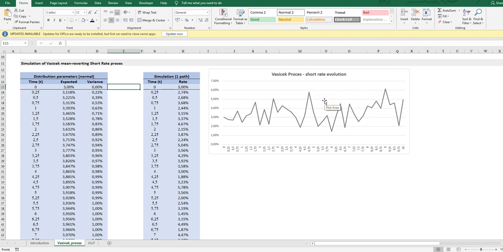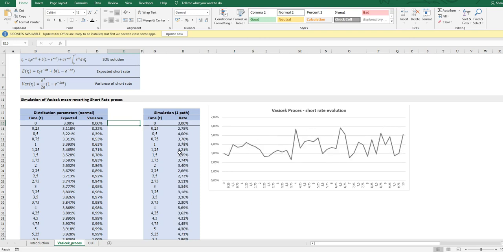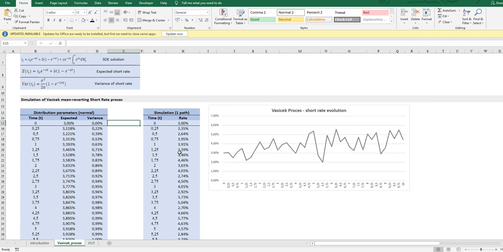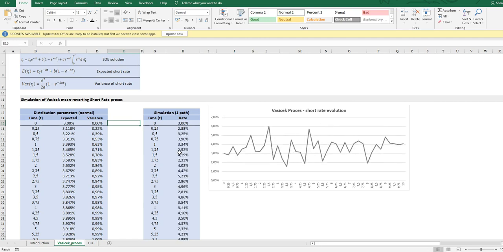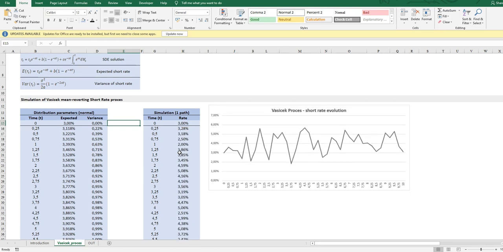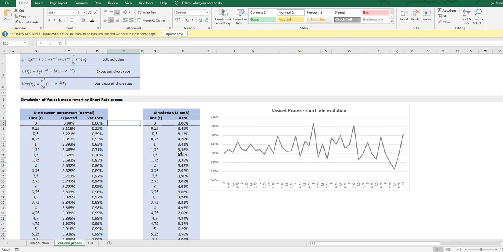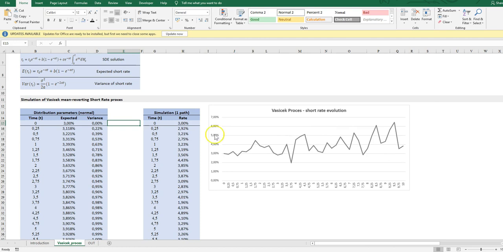There is a physical constant pulling the universe towards the 4%. Okay, I will draw one more time, and here we have another sample, and so on. And we see, okay, except for that one, but otherwise the mean reversion can be seen.